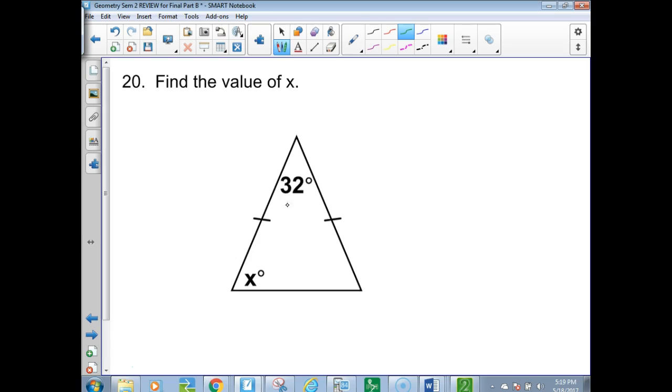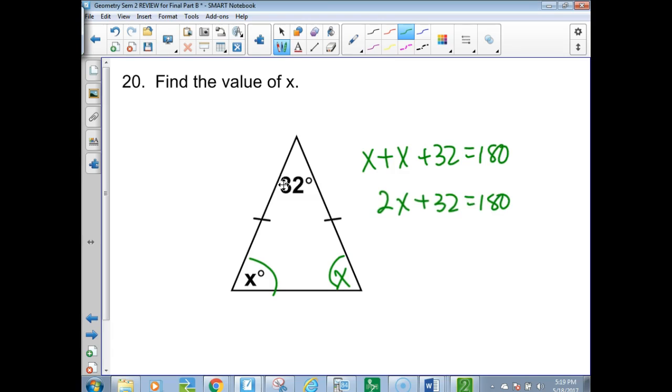Number 20. We have an isosceles triangle. We know that the base angles of an isosceles triangle are equal, so you got an X right there. You could use the triangle angle sum theorem and say X plus 32 equals 180. Or you could say, I got 180 minus 32, and those two angles are equal, so I would just divide by 2 after I get, what's that, oh my gosh, 148.